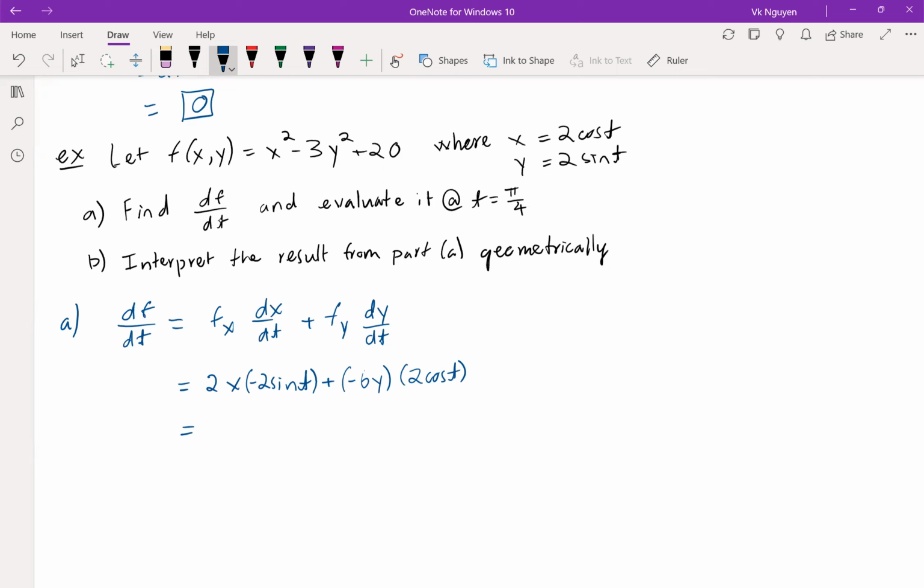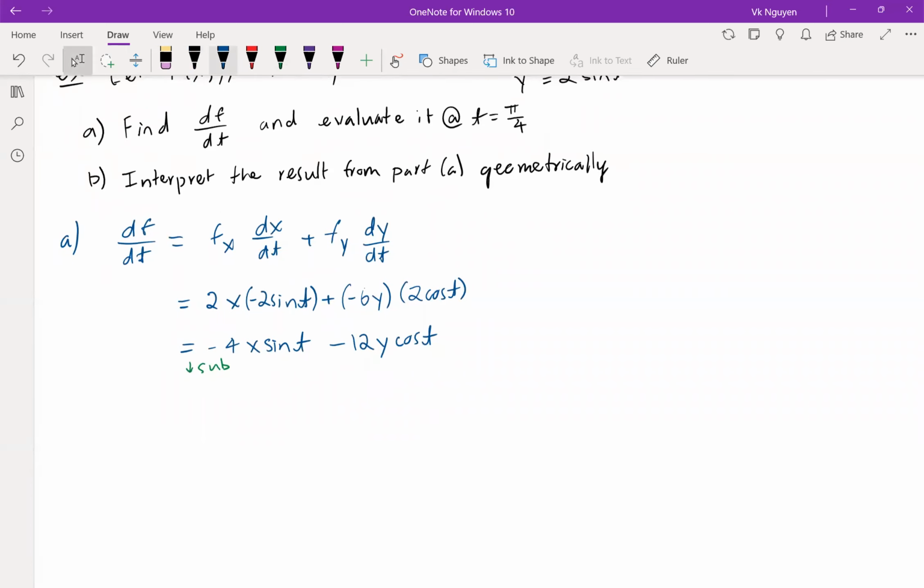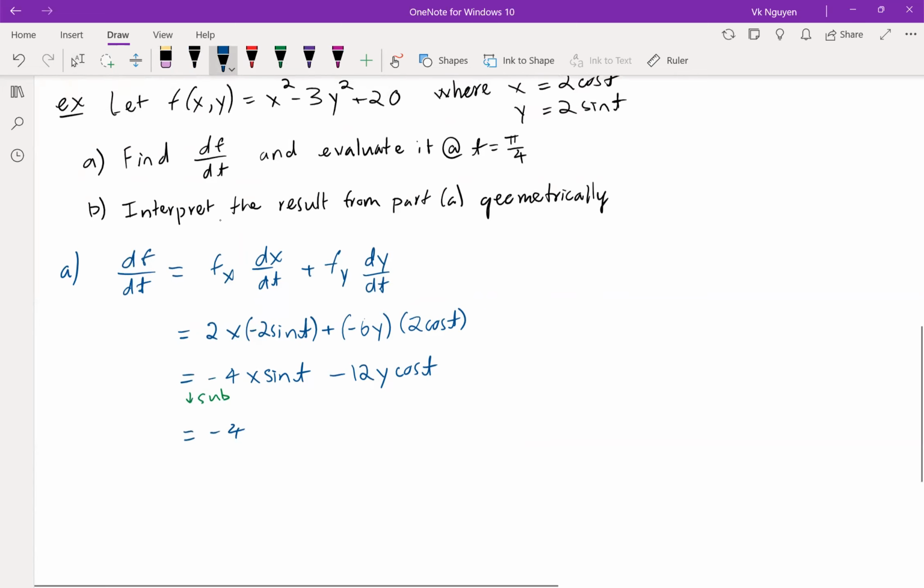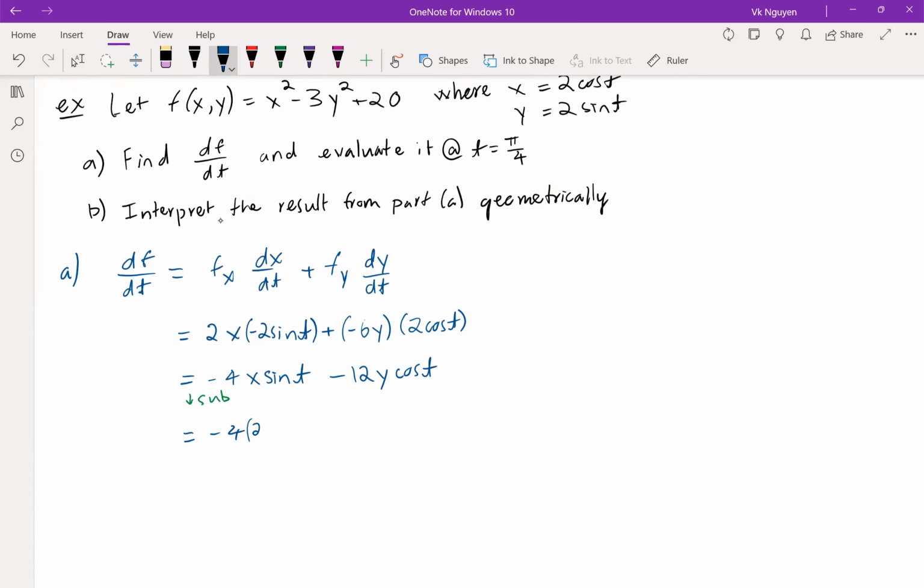What do we have? Negative 4x sine t minus 12y cosine t, and then you have to substitute it in. Minus 4, x is 2 cosine t, y is 2 sine t.